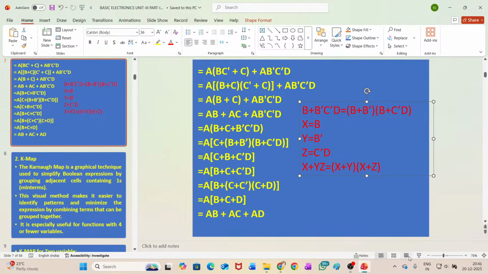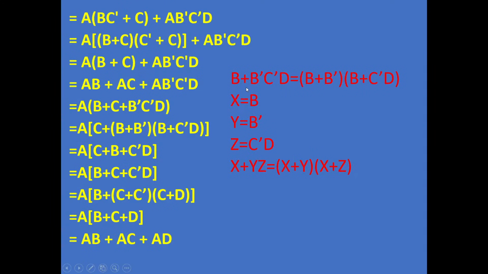I hope you are able to follow. B plus B bar C bar D, I have written as B plus B bar into B plus C bar D. Here I have considered B as X, B bar as Y, and Z as C bar D. If there is an equation X plus YZ, then that can be written as X plus Y into X plus Z. So what is X?